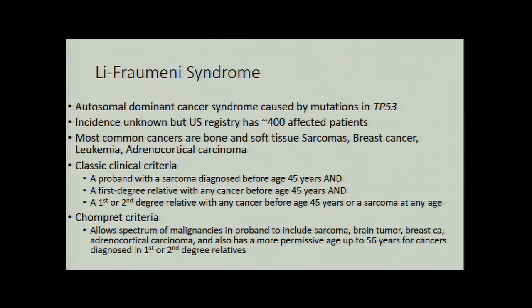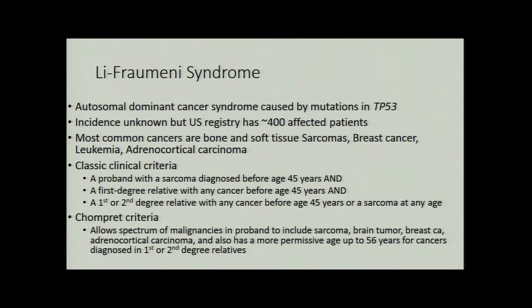Li-Fraumeni syndrome is an autosomal dominant cancer syndrome caused by mutations in the gene TP53. The incidence is unknown, but there's one US registry that has about 400 affected patients. The most common cancers are bone and soft tissue sarcomas, breast cancer, leukemia, and adrenocortical carcinoma.